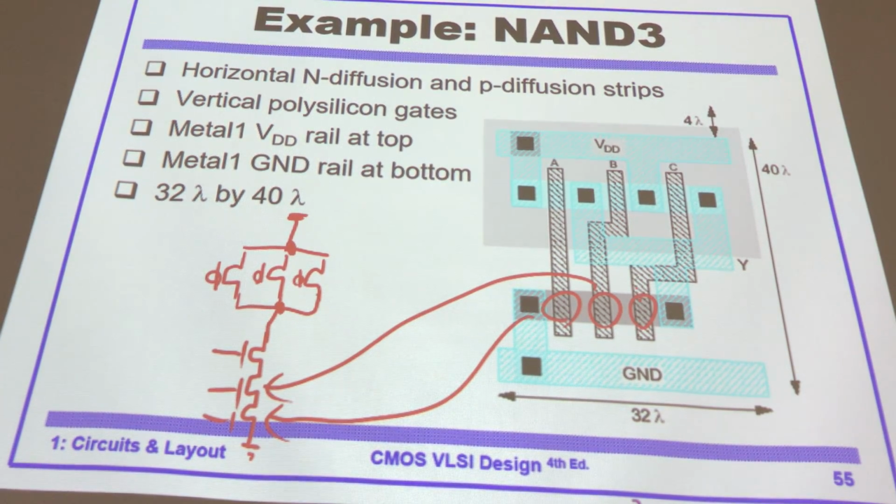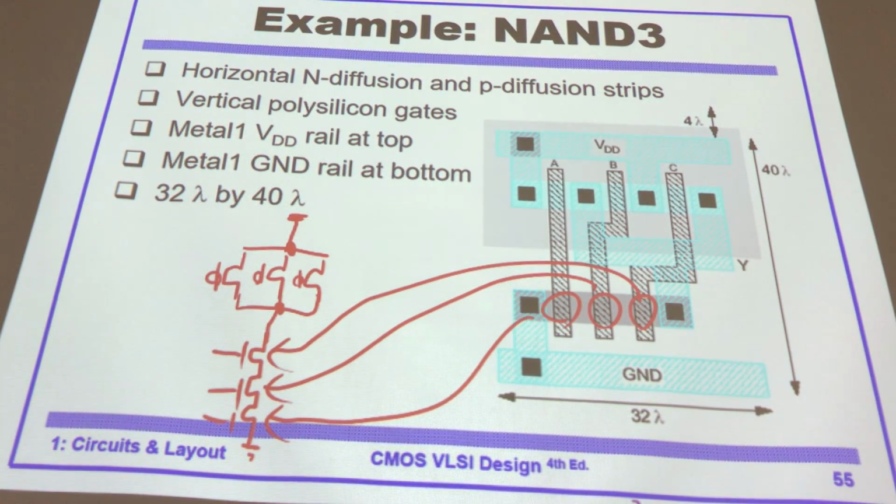This NMOS transistor is this one. You see that? Your diffusion layer is also a conductor. So that's why we can simply connect this one, this one, this one. You don't need to have metal to connect the transistors. No, you don't have to. The same diffusion can simply connect them.